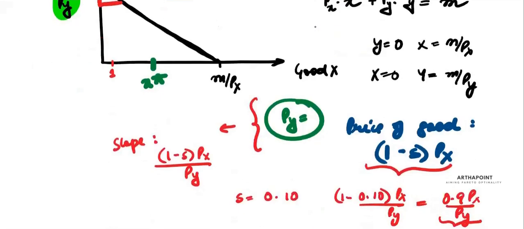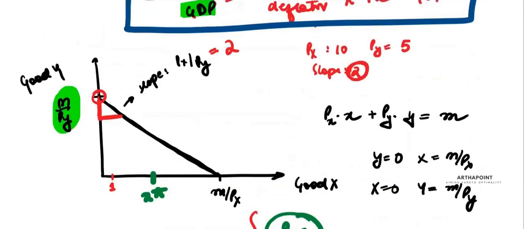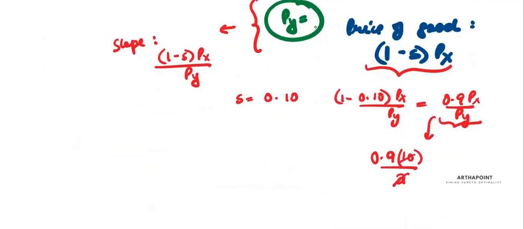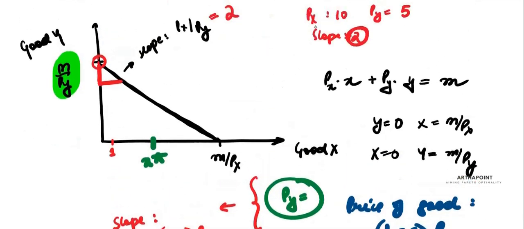This is what I am saying. And here I am saying that this is 0.9. The price is the same, I'm keeping it as 10 by 5. So we get 2 here. This is 1.8. So with 1.8, I'm saying the perpendicular is lower. The perpendicular is not 2, it is 1.8 for every 1 unit.